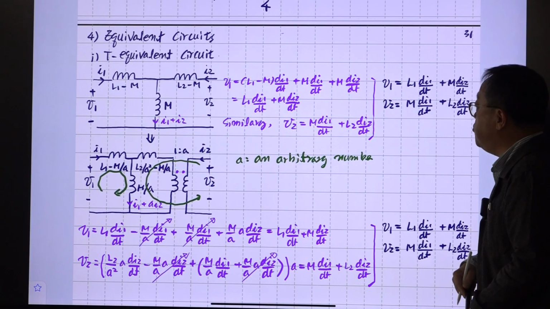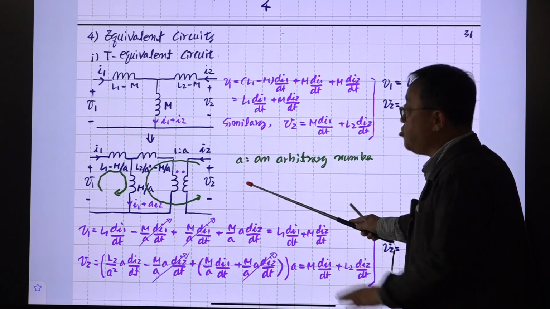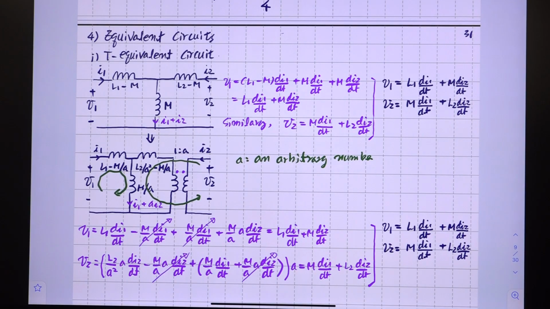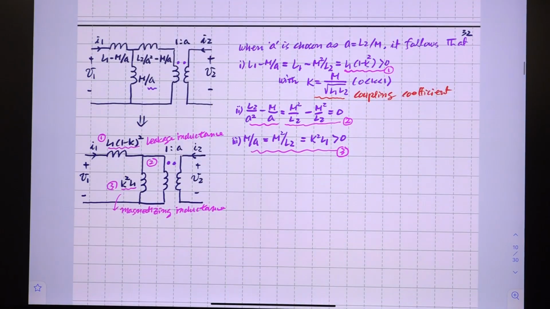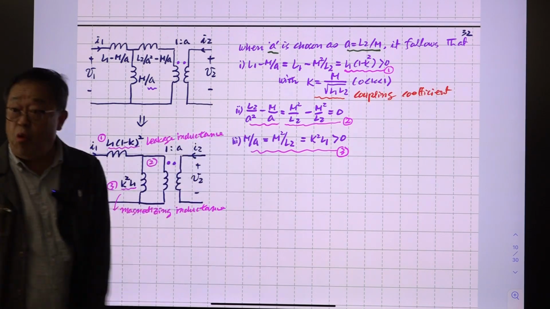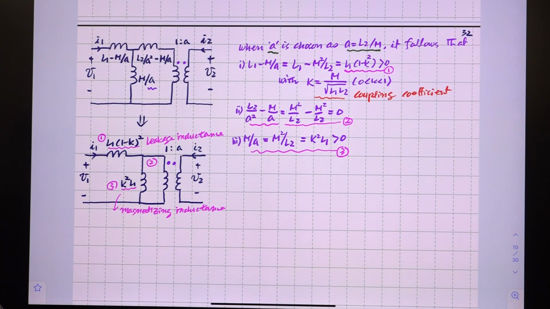Okay. So now you select this A smartly to simplify this. So you select A as this number. If A is selected as this number, then this one becomes this, and this value is always positive because of the equation. Otherwise, you are in trouble. You have minus L. You don't know how to implement the minus L. Right?